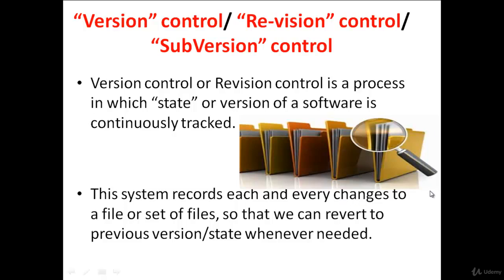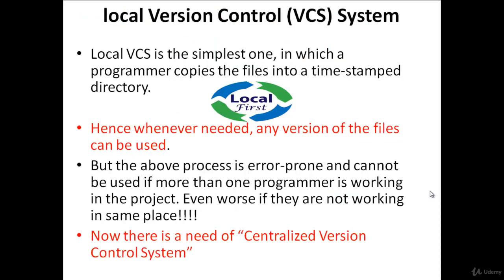So let's see how many types of version control systems are available in the market, right? The very basic one is the local version control system. So let's first understand how this local version control works. This is the very simplest one, right? In which the programmer copies the files into a timestamp directory.